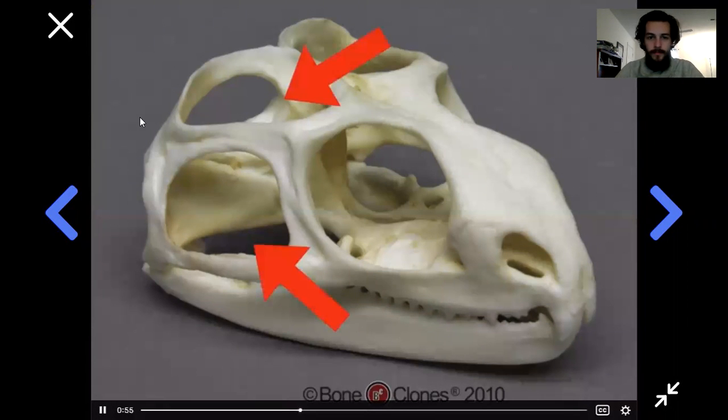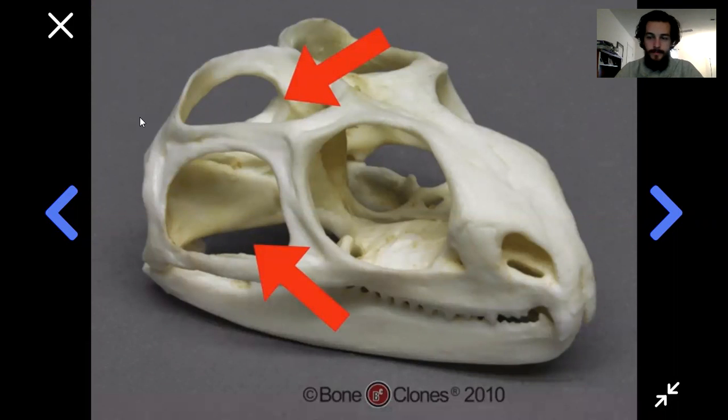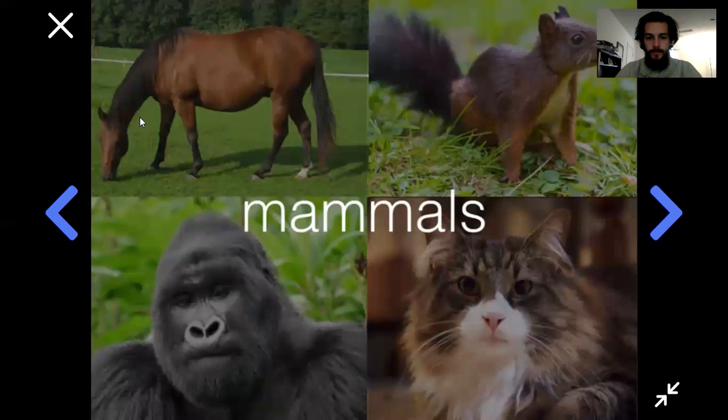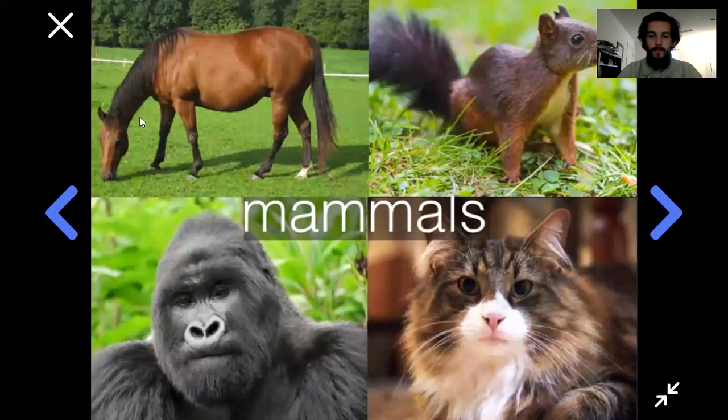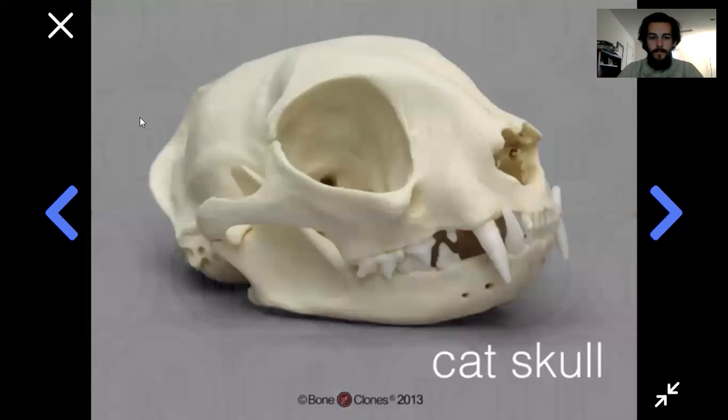Well, I'll let you in on one of my little secrets. It's these, the openings in the skull. That's something special. See, the furry animals, animals like horses, squirrels, cats, and gorillas, their skulls have openings where you expect them. The eyes, the nose, the mouth.